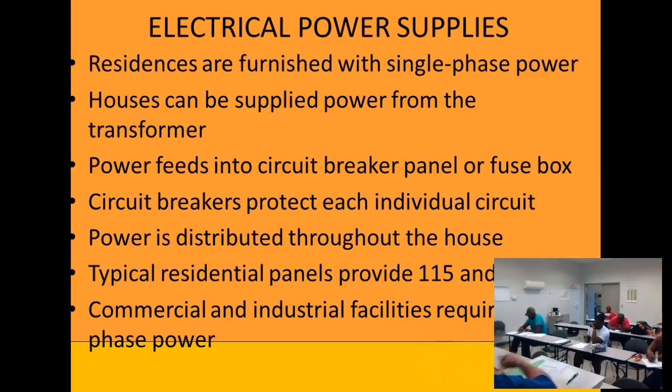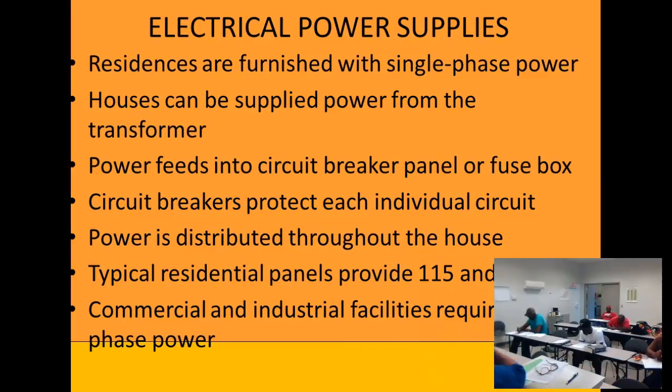Now, when we have power coming into our residences, and that's pretty much what we're here for. If you can troubleshoot a residence, you can probably troubleshoot a commercial, although it's going to be 3-phase, higher voltage, and you might run into a few different animals that you don't regularly see on a residence. Power feeds into a circuit breaker or a fuse box.